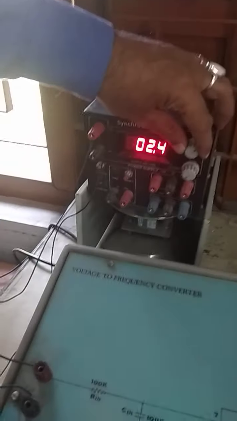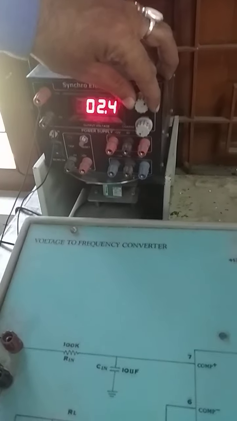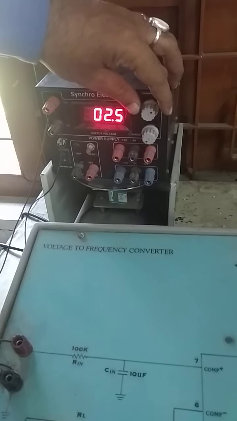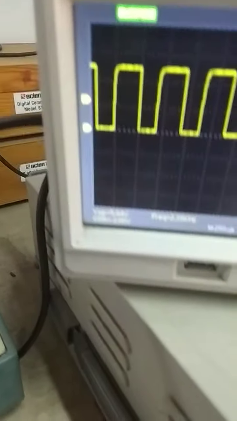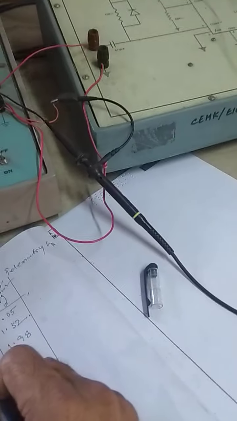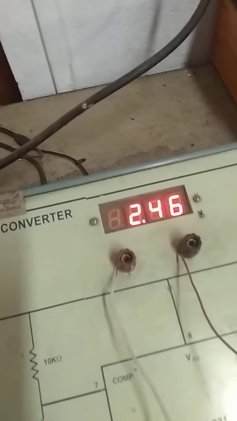Next is your 2.5. We are taking the reading at 0.5 volt interval. For 2.5, the corresponding frequency here is 2028 hertz, and output is 2.47.